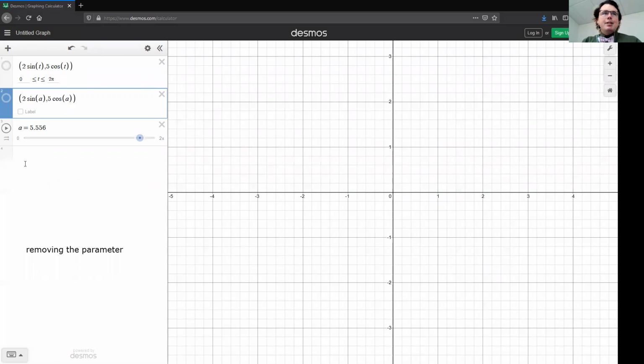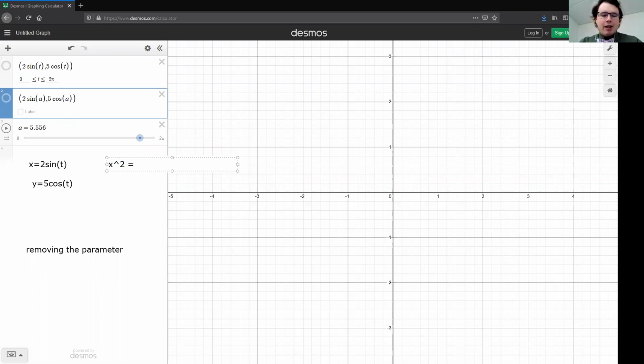Well, I would want to write these out. X is twice sine of t. Y is 5 times cosine of t. And to understand what's going on, I would want to square these and see if I can add them together.